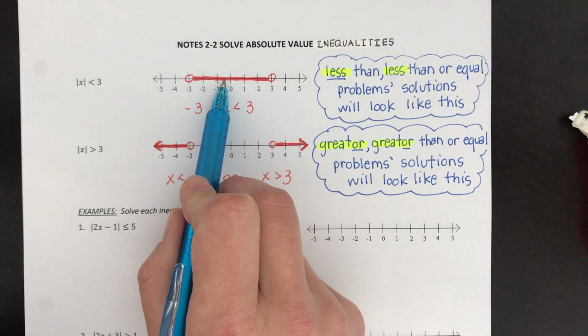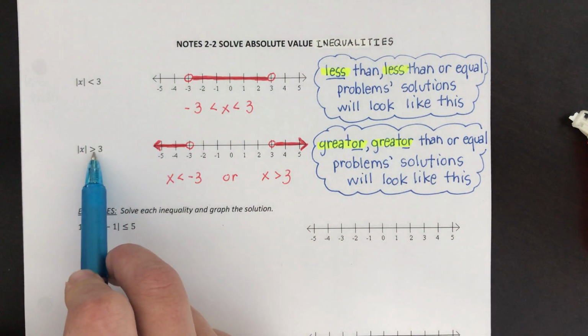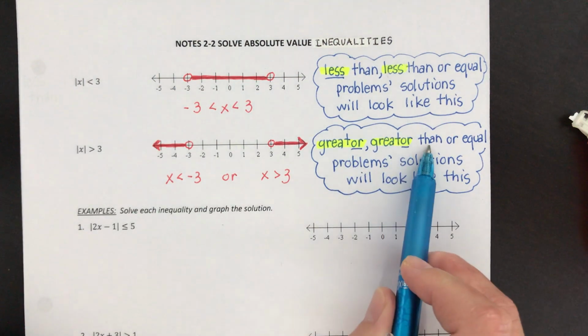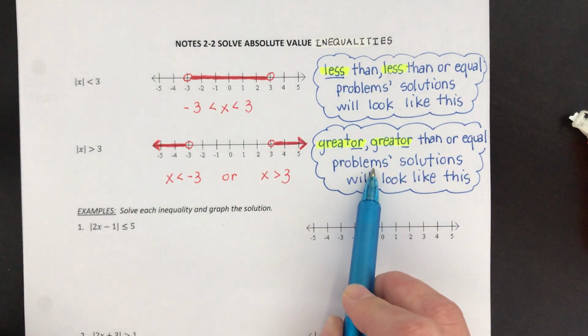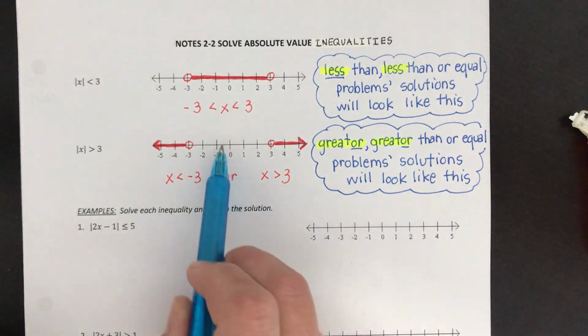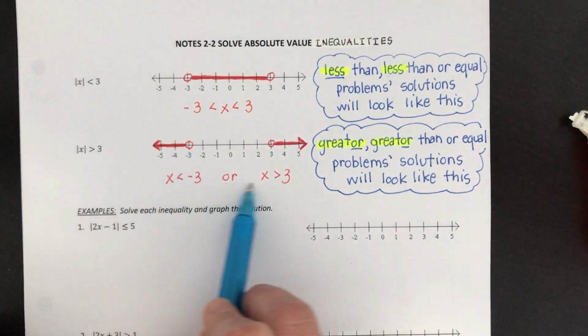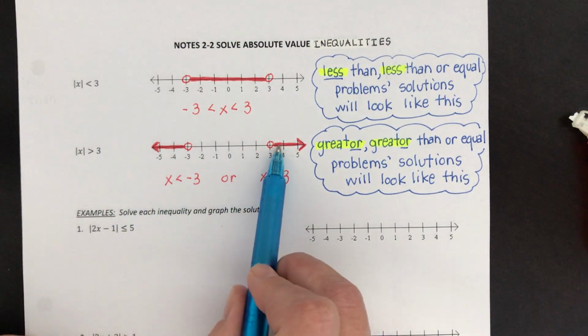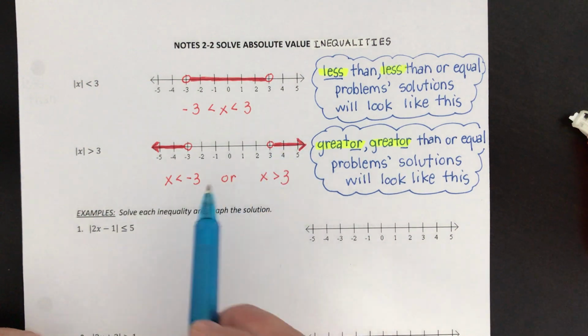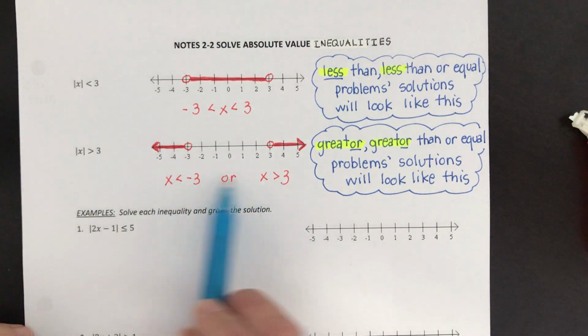Similarly, anytime you have a greater than or greater than or equal to problem, their solutions will look like this, where you have this split shaded region, and you have the "or" in between in the answer statement.